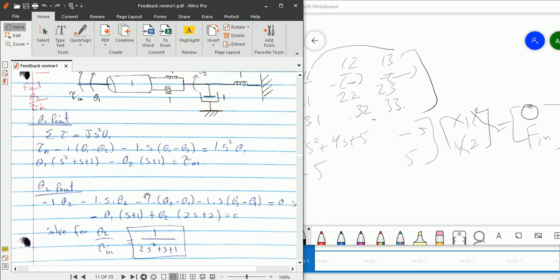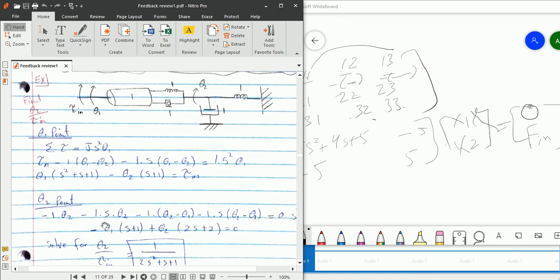Again see this, please: minus theta 1, there is minus, and add all the impedances between theta 1 and theta 2, which are basically 1 plus 1, and plus theta 2.